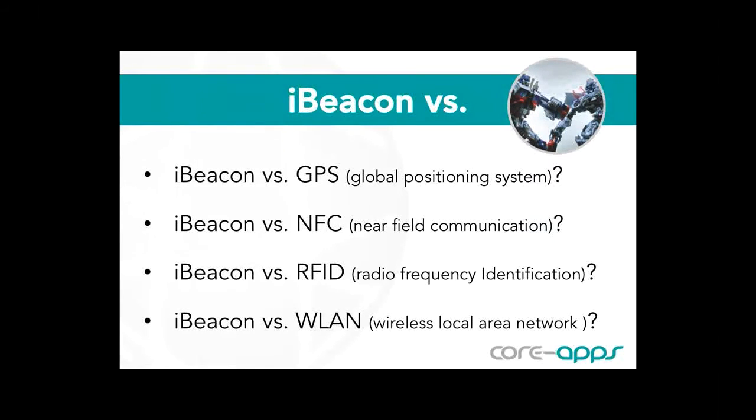Here are some other technologies that sort of get convoluted when you're talking about beacon technology, and I wanted to just go over some of these things. So you hear GPS, that's global positioning. GPS is real simple, right? Just think of that as when you're going to do your directions in your car, or you're using Google Maps or something of that nature.